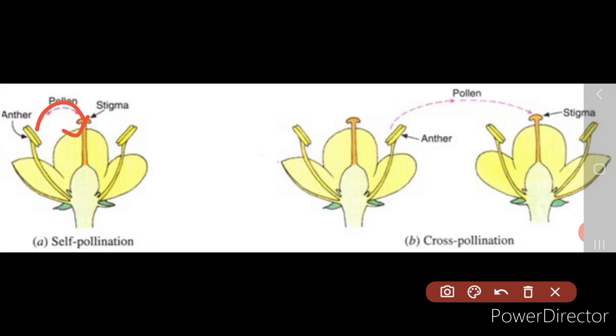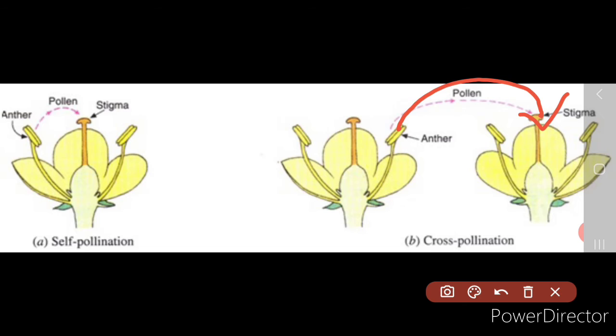And cross-pollination is nothing but the transfer of the pollen grains from one flower to the other flower. That is, the pollen grains produced in the anther are transferred from this flower to the stigma of the other flower, but of the same species. For example, you can see apple, grapes, plums. So these undergo cross pollination.